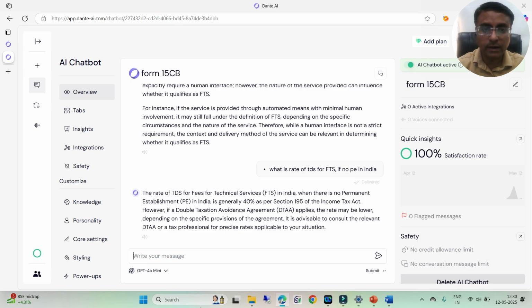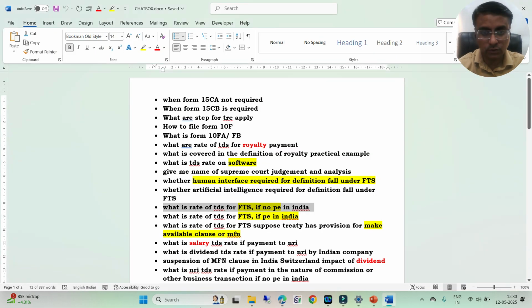Otherwise, if the foreign non-resident entity has provided you a no-PE certificate, the tax rate is 20% plus surcharge and education cess. I have already discussed this question. So what is the tax rate?